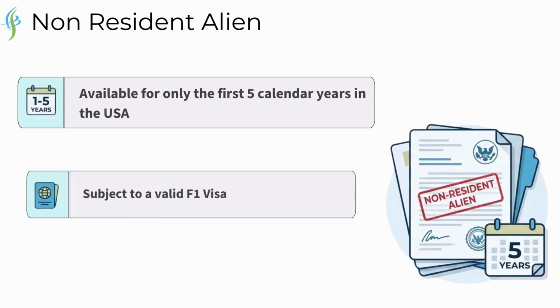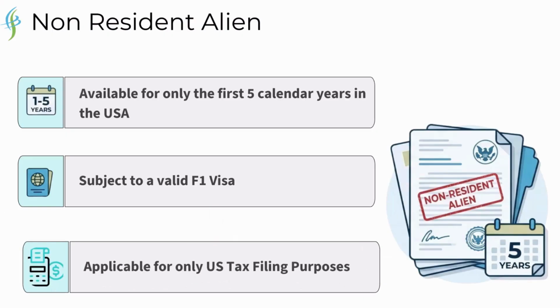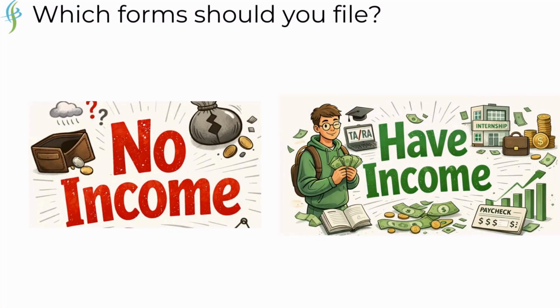Condition number 2, you need to have a valid F1 visa as of December 31st of that year. And condition number 3, the status is only for the purpose of filing your US tax return. So, do not mix this status with your immigration status.